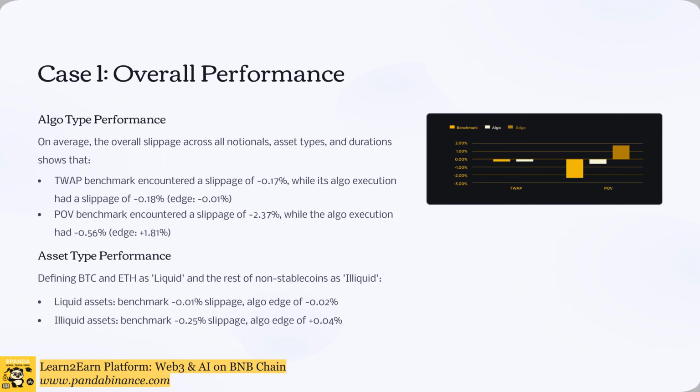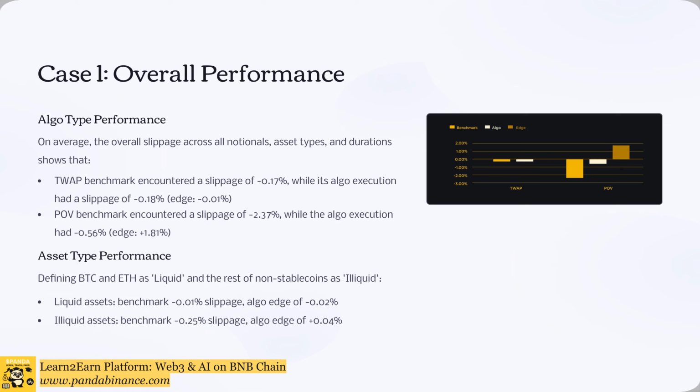Building on the concept of algorithmic order performance, let's delve into two specific strategies: time-weighted average price, TWAP, and percentage of volume, POV. Analyzing their performance across various factors like trade value and asset type reveals intriguing insights.